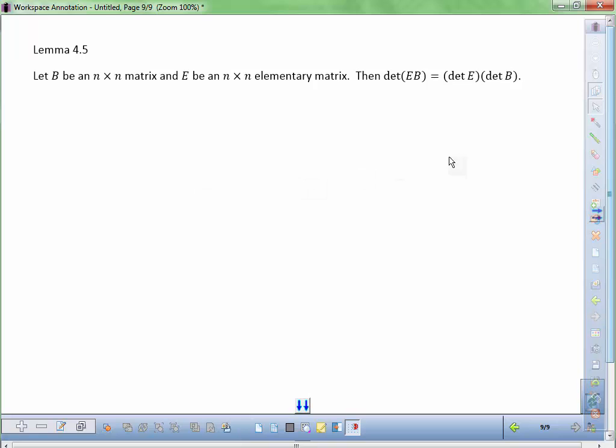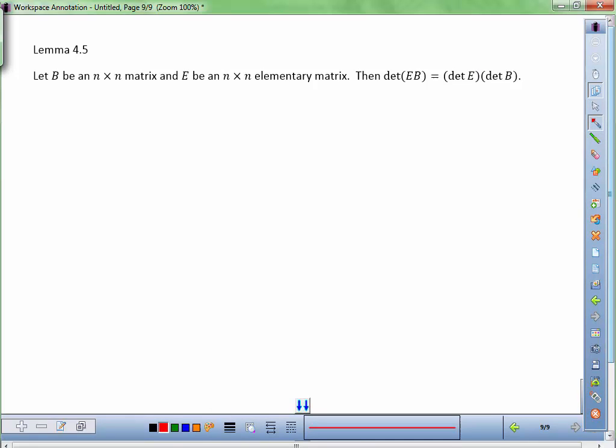So this talks about if you have an elementary matrix times another matrix, then the determinant of that product is the product of the two determinants. I know this is probably not fair because technically when you do lemma, theorem, corollary, you have to do it in that order.